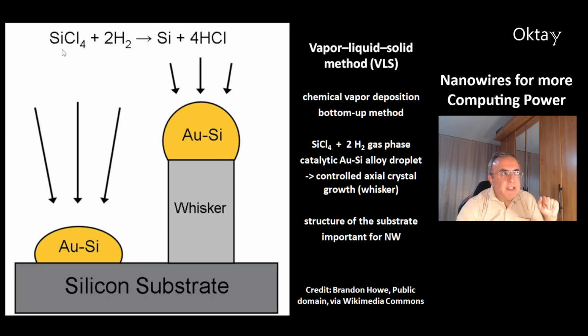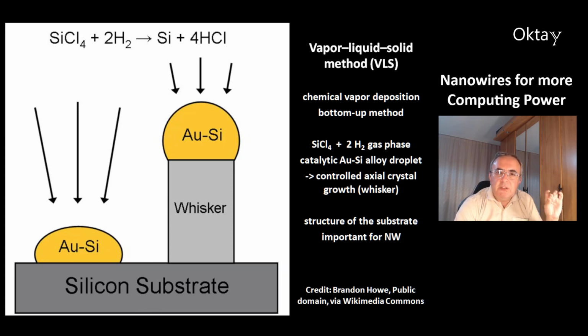Here you can see the chemical reaction. Silicon tetrachloride plus hydrogen makes silicon and 4 hydrogen chloride. And the silicon atoms have to travel through this droplet, which is an alloy of gold and silicon. So you have a slow delivery of the silicon atoms to the surface, which is a silicon substrate.